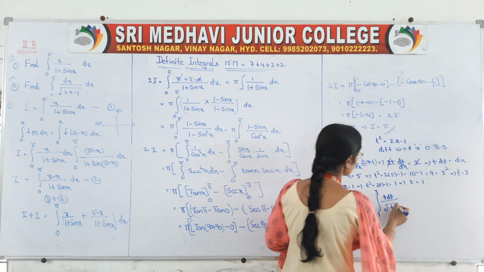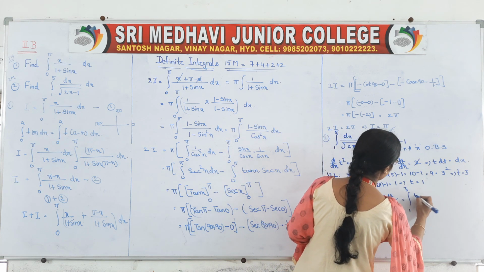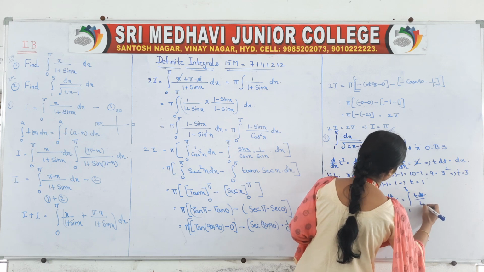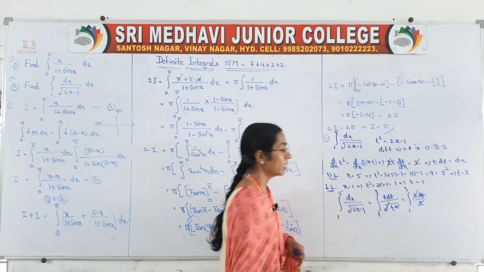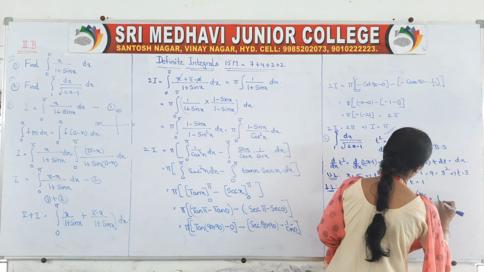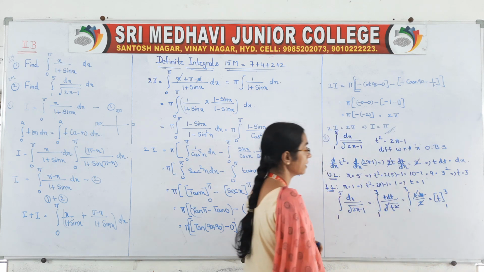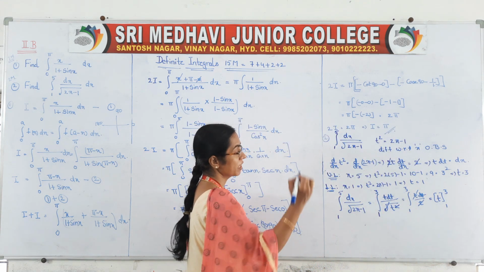So the square root cancels, integral 1 to 3 of t dt by t. So t also cancels. Integral dt is t, just as integral dx is x. So the limits are 1 to 3.